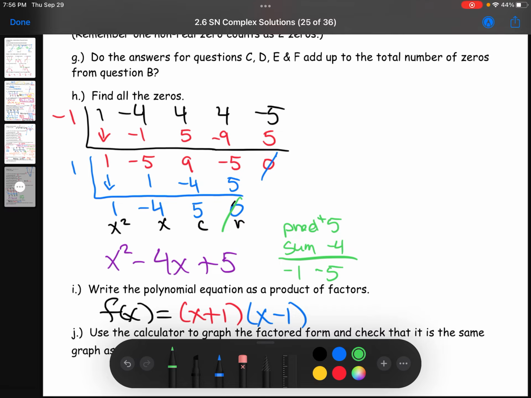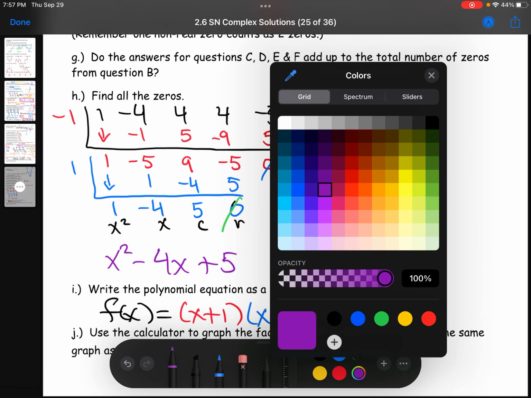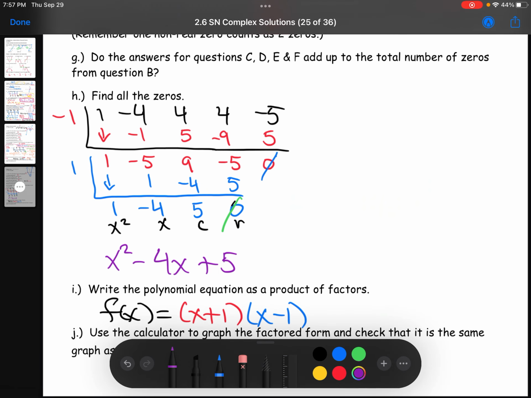If we use negative, that adds up to -6. Neither combination adds up to -4, so this won't actually factor. And if we think about it, we already sort of knew that because there were no other real roots on the graph. So there couldn't be any more factors that would lead to real solutions.